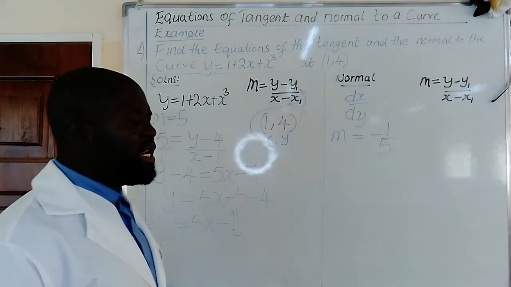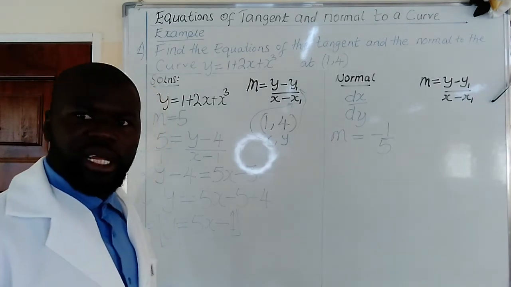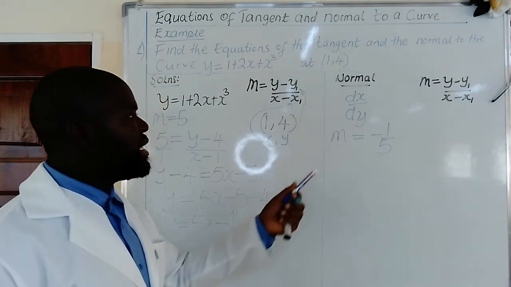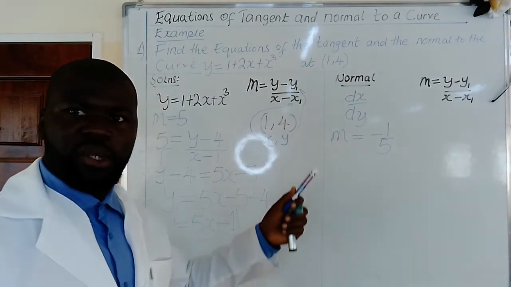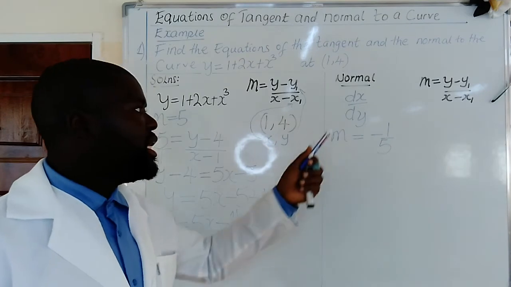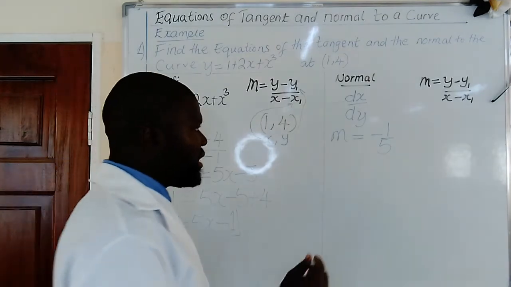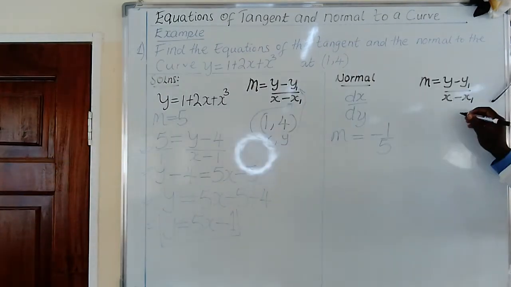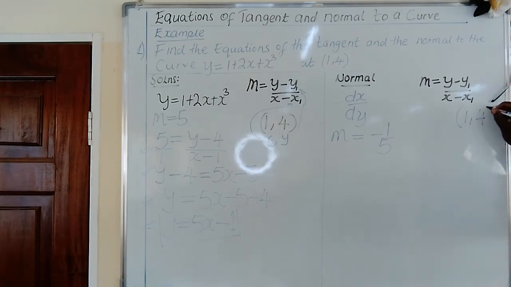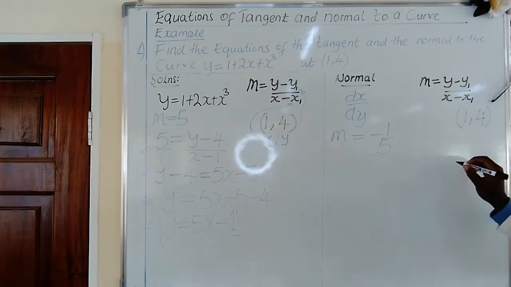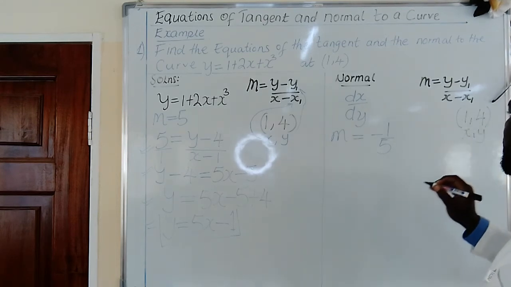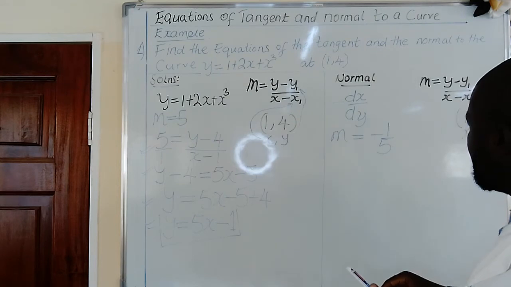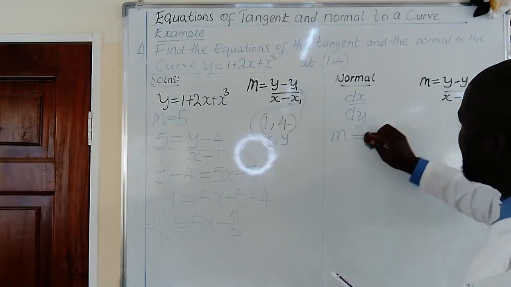Now let's finally find the equation of the normal. We know the gradient of the normal is -1/5. So we substitute that one into the formula together with the coordinate. The coordinate is 1, 4. We know the coordinates are in the form x, y. So we shall substitute in the formula.